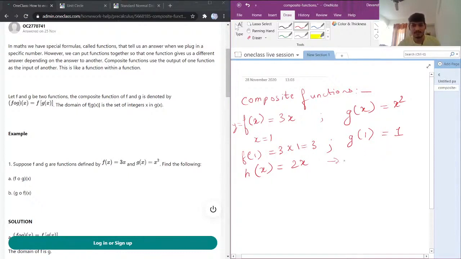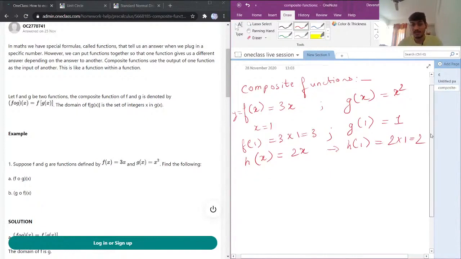Let's write this also: h of 1 will be 2 into 1, that is 2. So if I can put a number as the input of the function, I can also put a function as the input. Suppose I write x equal to g of x.